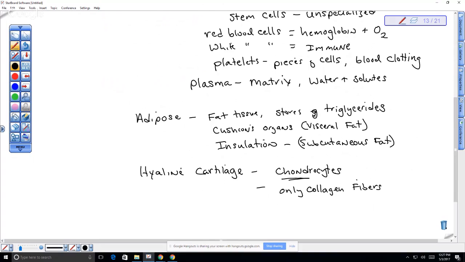And then as they develop in the womb, that hyaline cartilage gets replaced with bone. And so bone is just taking that hyaline cartilage and ossifying it by adding minerals to it. So our bones embryonically start out as hyaline cartilage, but hyaline cartilage also protects the ends of bones. So it would be found in the embryonic skeleton.